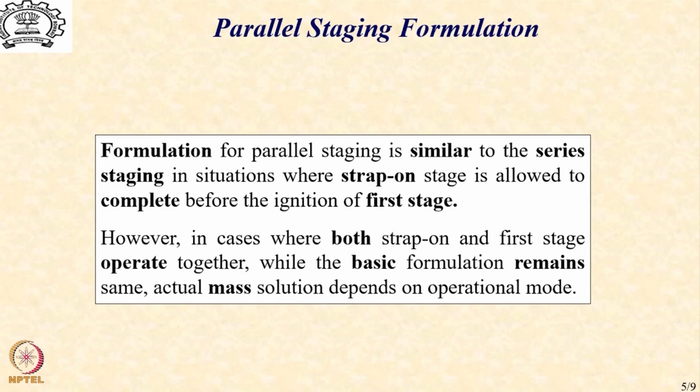In fact, if you have seen the configurations, you will realize that the number of strap-on rockets, which all of them fire either together or in a sequence, is generally between 4 to 9, which means that we need to do a little bit of processing of the basic relations before this can be used as a single stage serial operation concept.